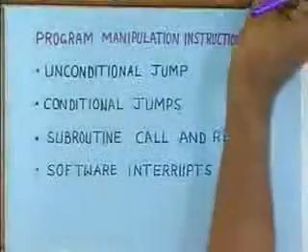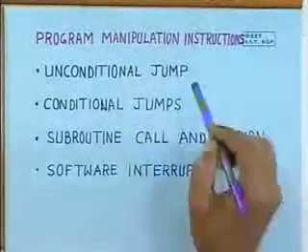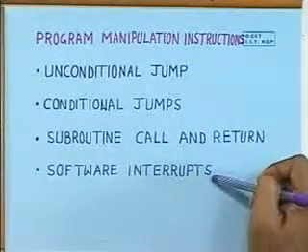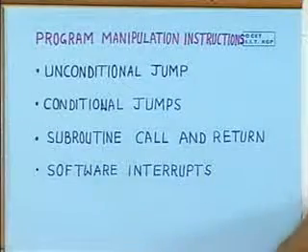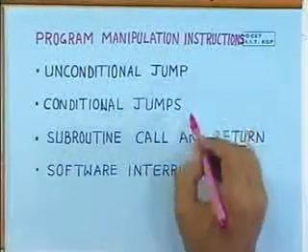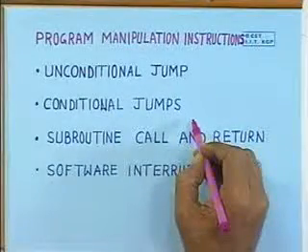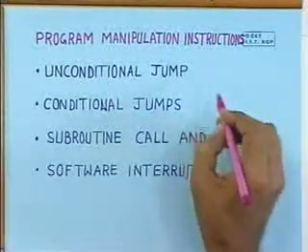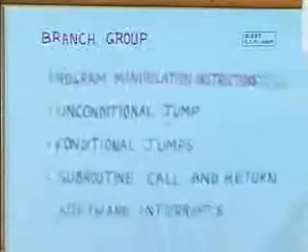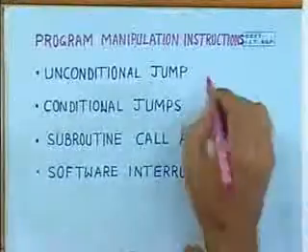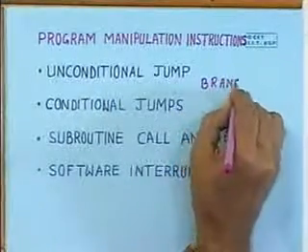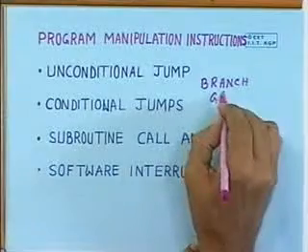The program manipulation instructions can be further divided into several types. For example, we have the unconditional jump and conditional jumps. They belong to the jump or branch group.